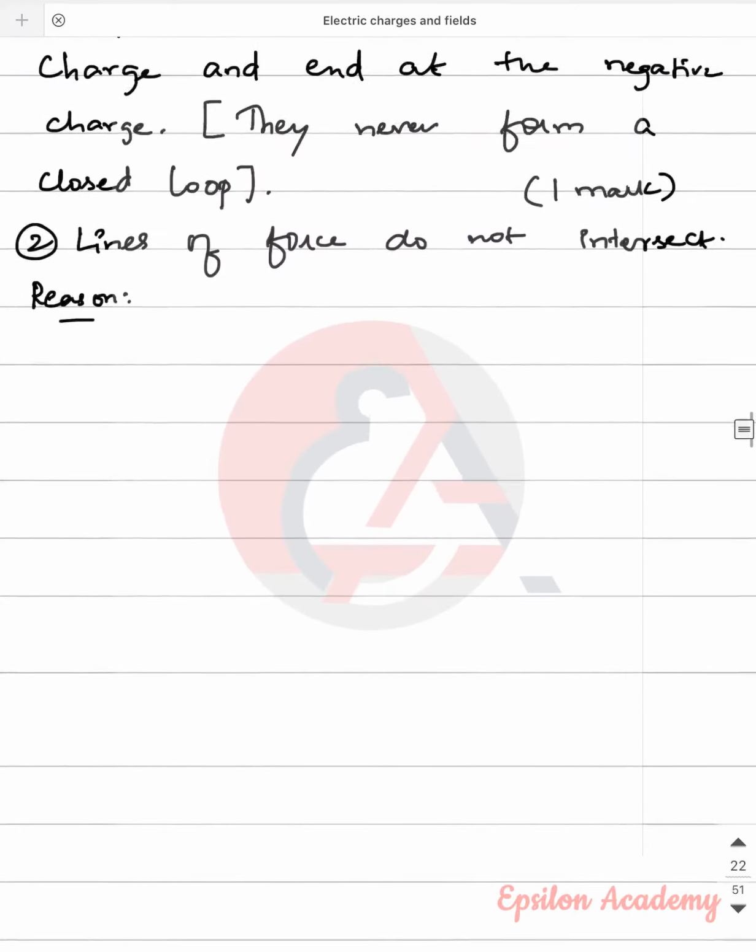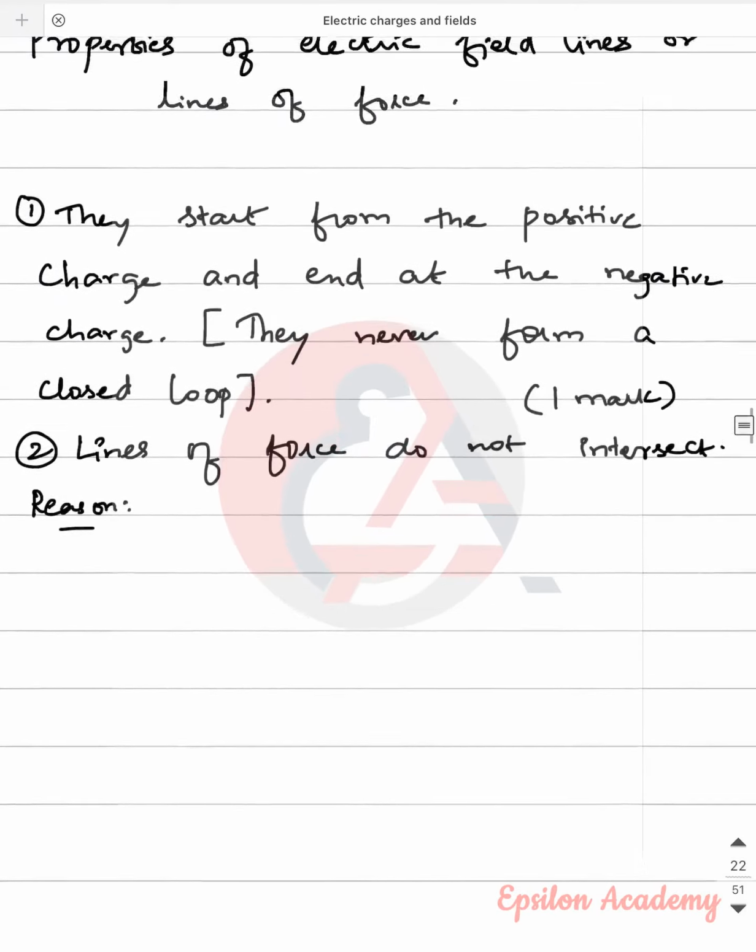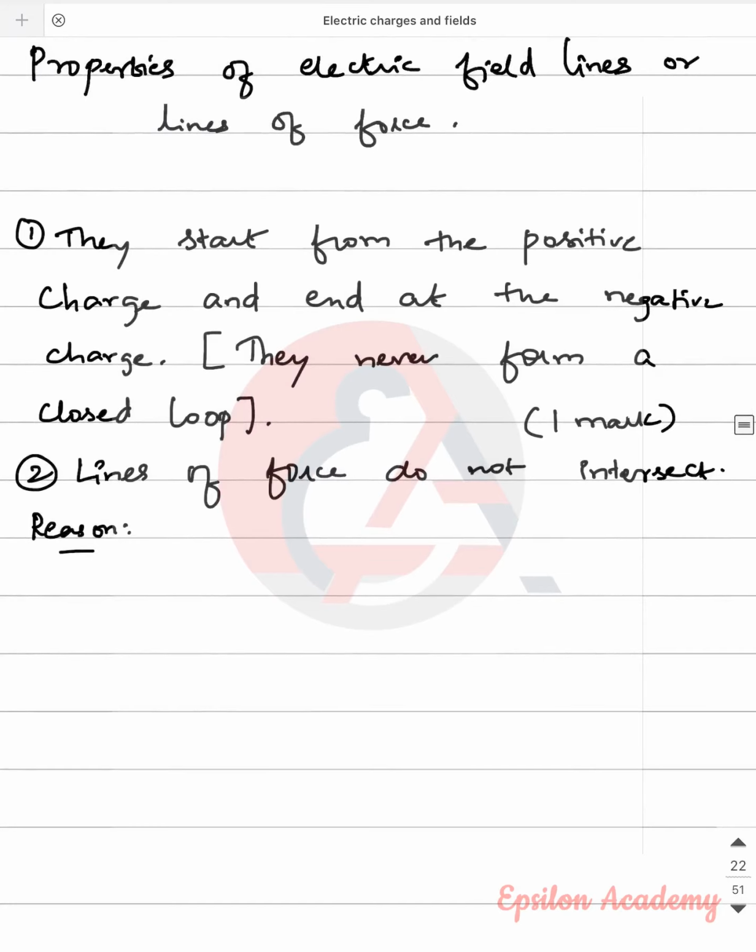If suppose they intersect, let's see what is going to happen. Say if suppose I draw two field lines like this. I say this is one electric field line and there is another field line. If suppose they intersect, if I place a charge Q0 here, then how many tangents are possible at this place? There are two tangents that you can draw. So what do these two tangents signify?